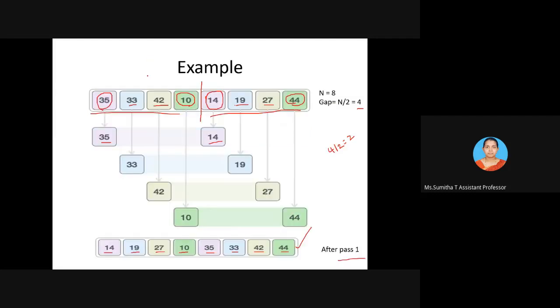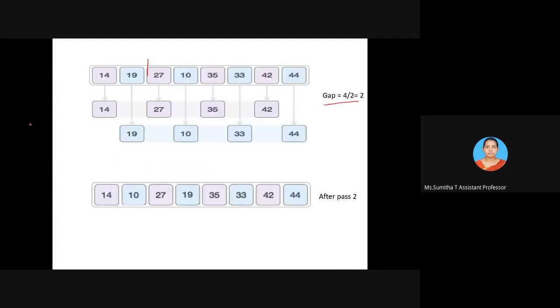The elements for pass 2 are not from the original given example, they are taken from pass 1. Taking those elements, divide them into 4 parts.